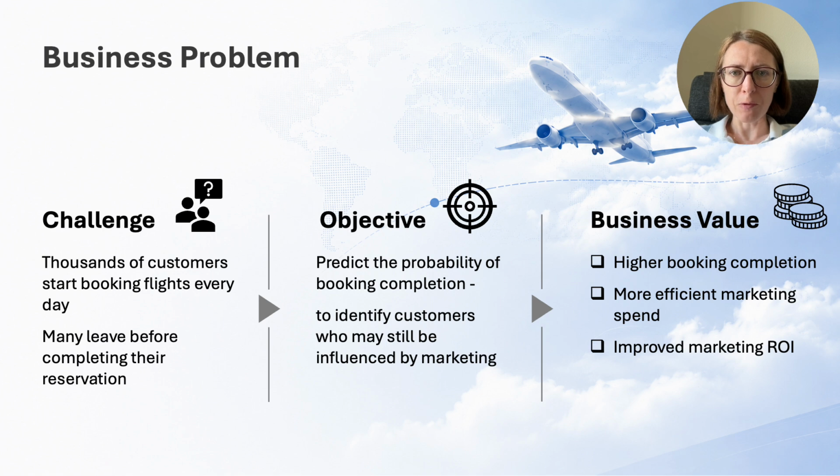Therefore, the objective of this project is to estimate the probability of booking completion and identify customers who may still respond to a targeted marketing campaign. This allows marketing resources to be focused where they are most likely to create value, leading to higher booking completion and a better return on marketing investment.